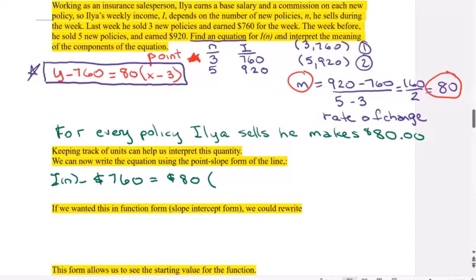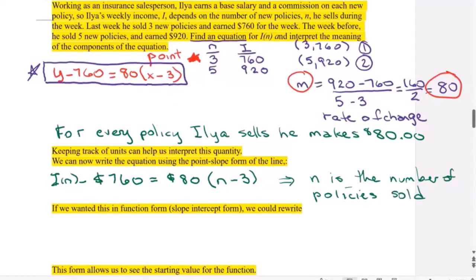And that's going to be $80 times n minus 3, where n is the number of policies sold.